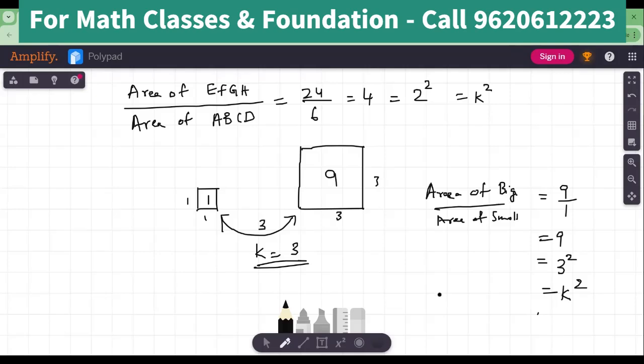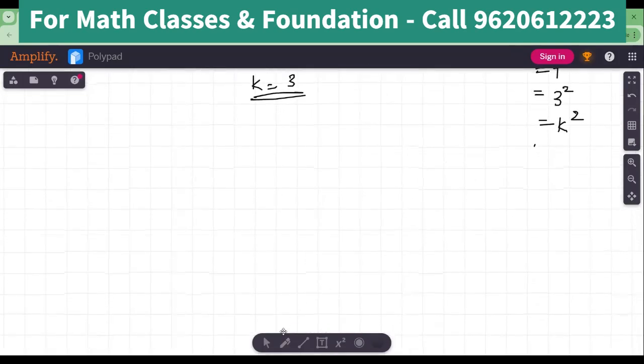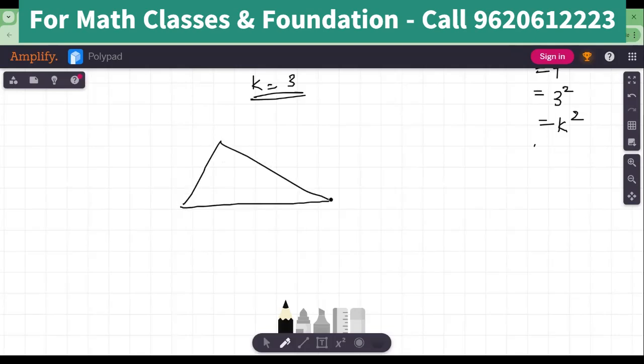it's the same even for triangles. So when we have two triangles, let's take a quick example. I'm not going to draw according to scale. I'm just going to give you one small example. Let's say I have two triangles like this. And this is, let's say, 2 centimeter. This is 6 centimeter. How do we know they are similar?